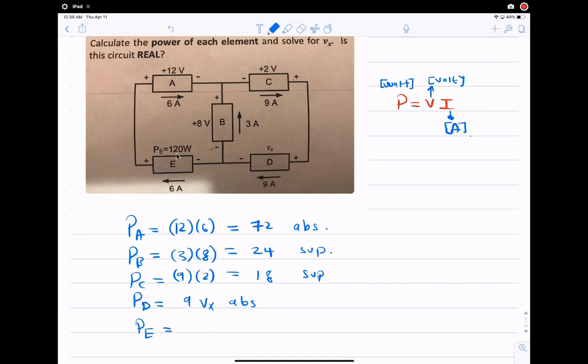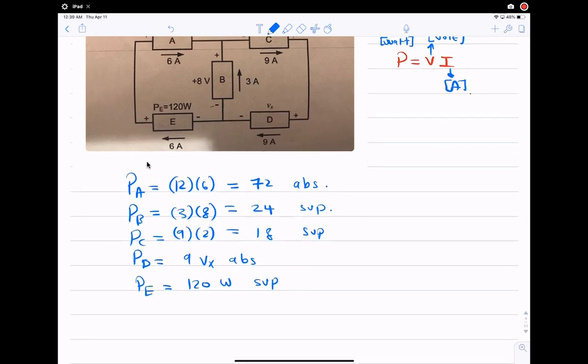So if you're not paying attention, if you're just writing very quickly, like your subconscious is just writing things, then you might make a mistake and multiply this number by the 6. No, 120 watt, that means this is the power, so it's ready. And since I'm moving, he gave me the current direction to know if it's absorbed or supplied. I'm moving from a low to a high, that means it's supplying.